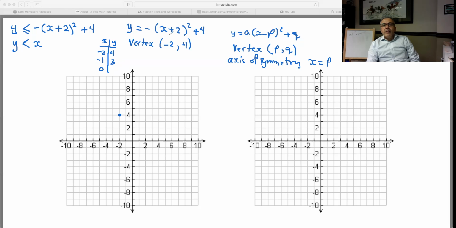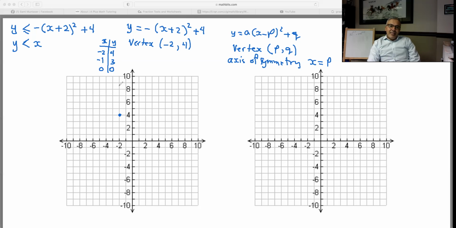Then if you plug in 0, 0 plus 2 is 2. 2 squared is 4. A negative in front of the 4 makes it -4, plus 4 is 0. So you've got a point that's (0, 0).